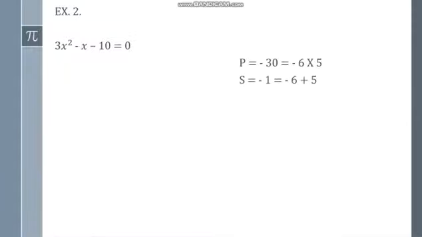In the same way we have to find two factors such that if we multiply those two factors, the product should be minus 30 and the sum should be minus 1. So here we already got it, that is minus 6 and 5. If we multiply minus 6 and 5, the product we will get is minus 30, and if we add minus 6 plus 5, we will get minus 1.